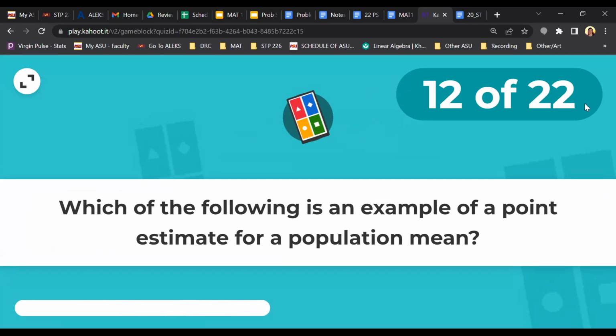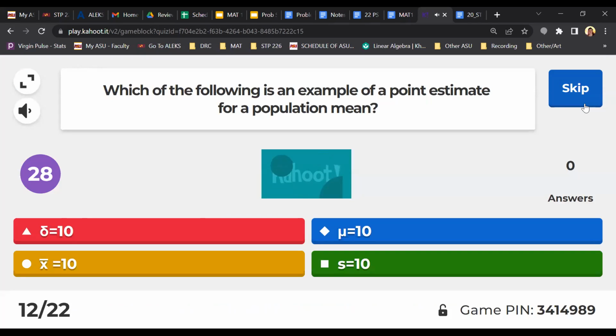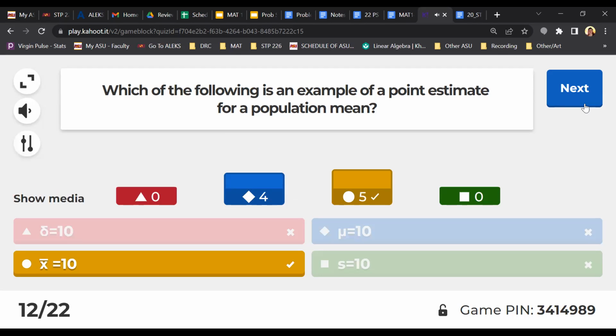Which of the following is the example of a point estimate for a population mean? All right, so this is pretty good.